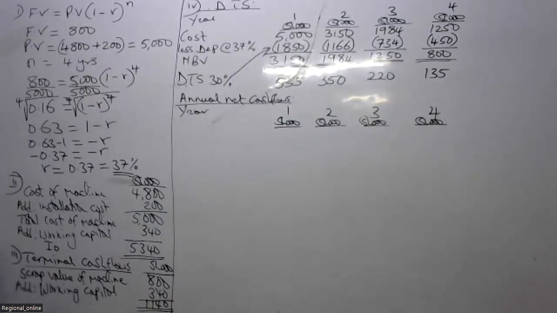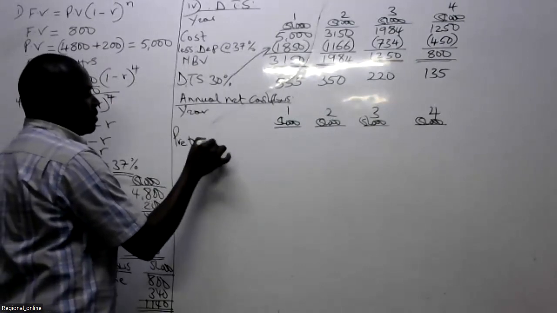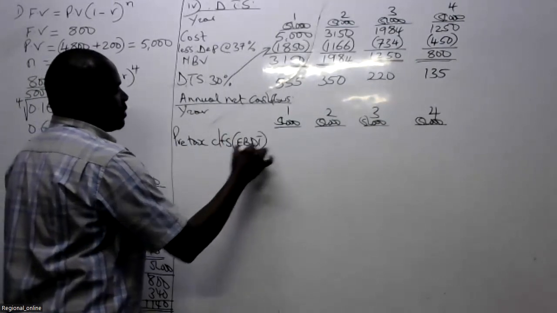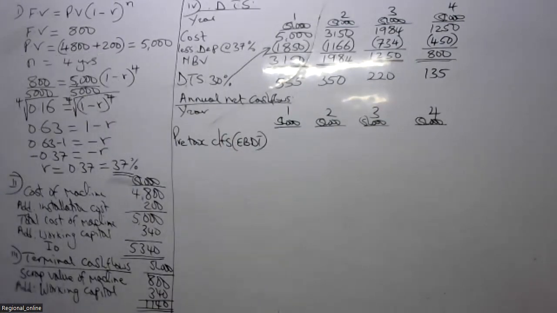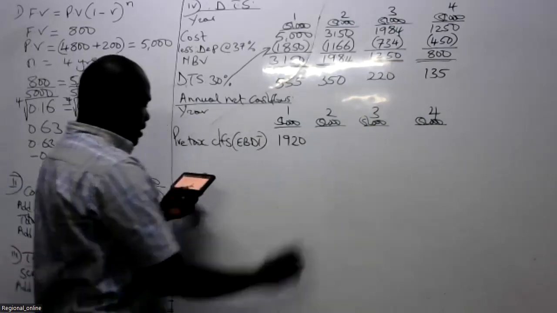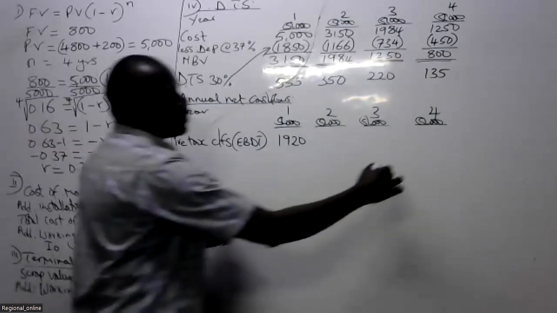We have the pre-tax cash flows. How much each year? Annuity or lump sum? Of how much? Is it 1920? Whether kama ni annuity, si basi ni summary, niseme year 1 to 4.